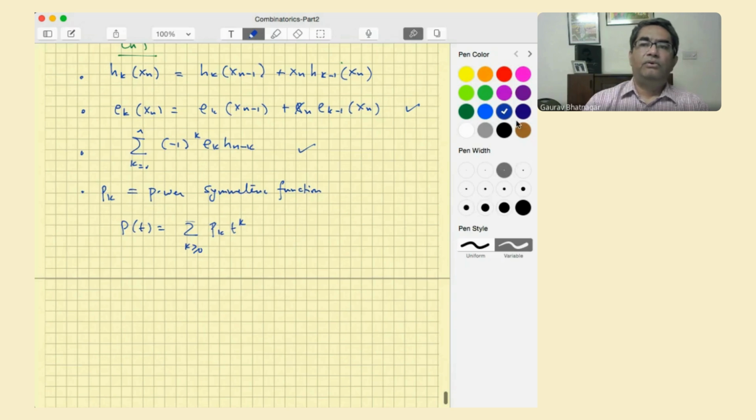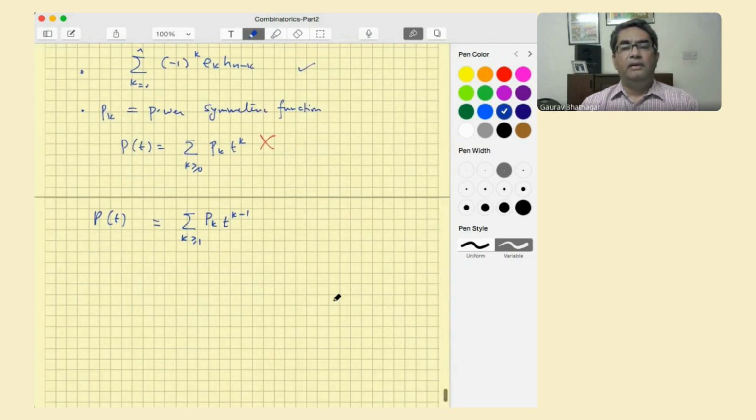This was wrong. It should be pt equal to pk t raised per k minus 1, for k bigger than equal to 1. So go through and make the changes.